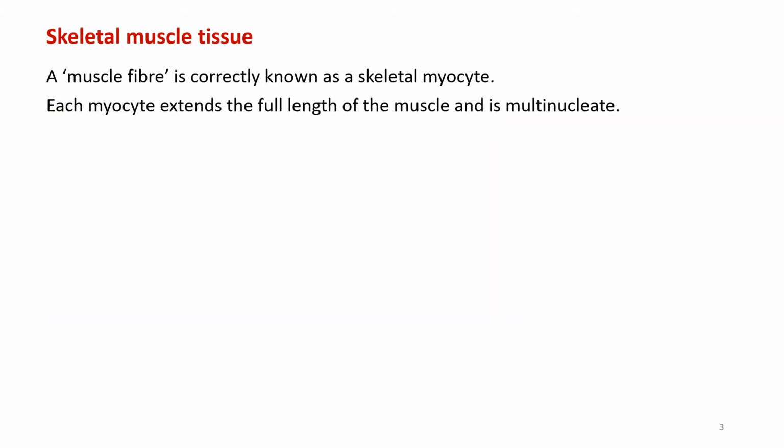So in various diagrams, you will see skeletal myocytes called muscle fibers, and that's exactly what they mean. But correctly, they are skeletal myocytes. Each of those myocytes, as we said before, extends the full length of the muscle.